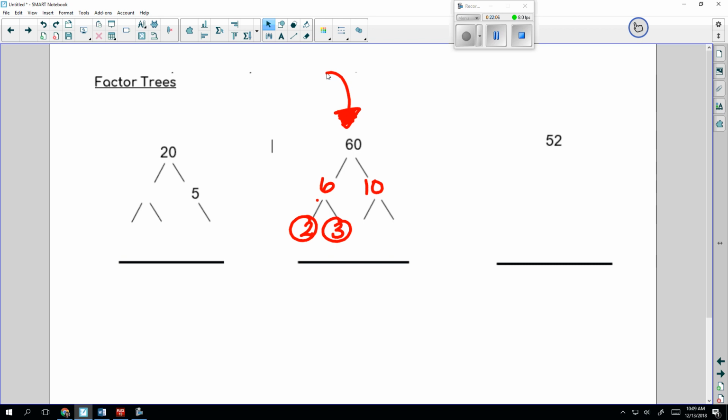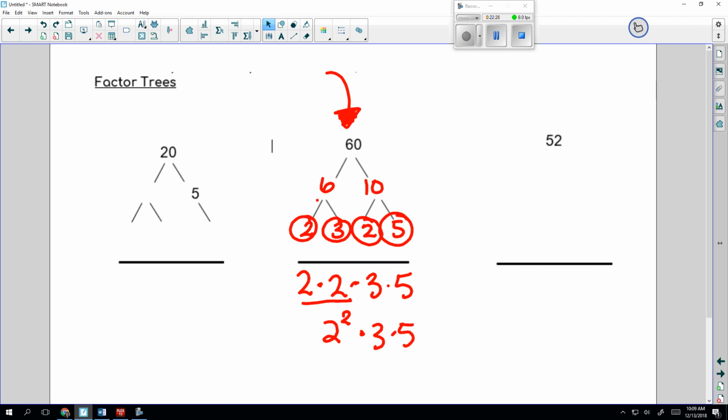For 10, what are the factors of 10? 2 and 5. Is 2 a prime number? Yes. What about 5? Yep, there we go. So if I rewrite this, it's going to look like this. Or I can see that this is exponents. It's repeated. So I can do 2 to the second power times 3 times 5. Either one of those will work.